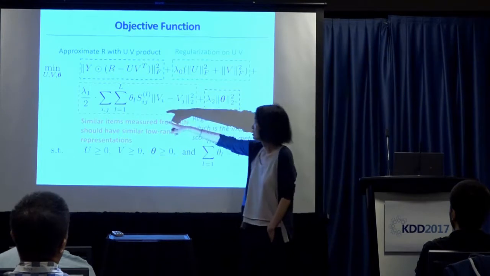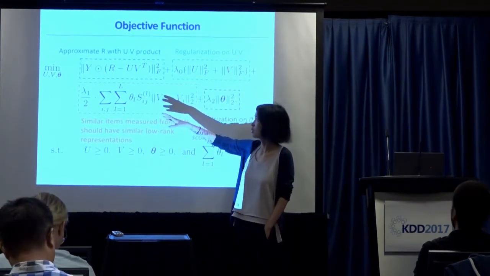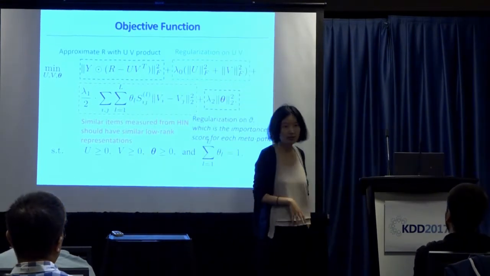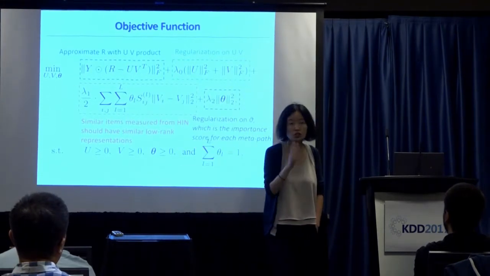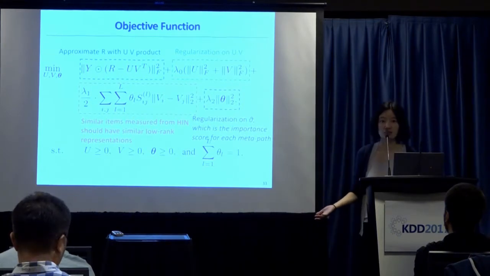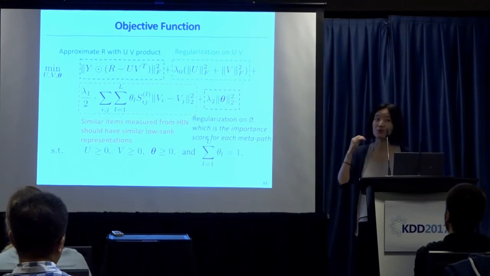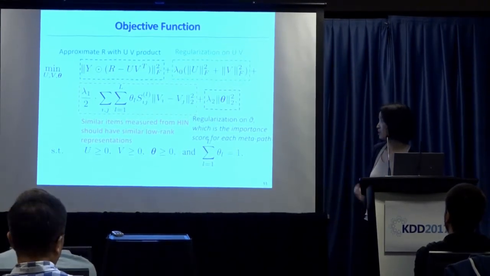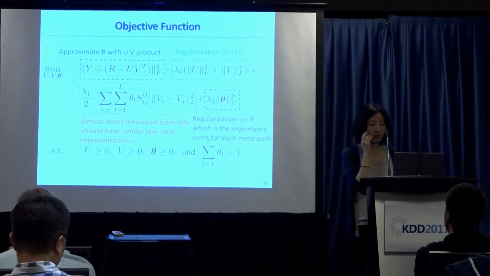That's why we need to put this graph regularization on different matrices, and we also need to learn the importance weight of each similarity matrix because they have different semantics, right? It's like whether the co-directing similarity is more important than the co-acting similarity. We do not know. We need to let the data tell us, and we also need to put some regularization on that.